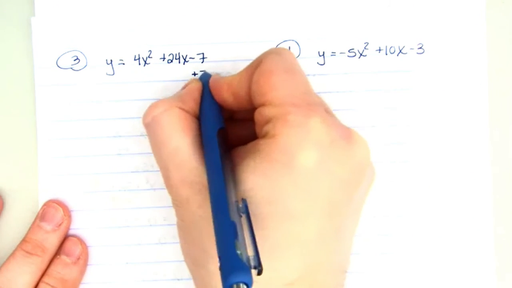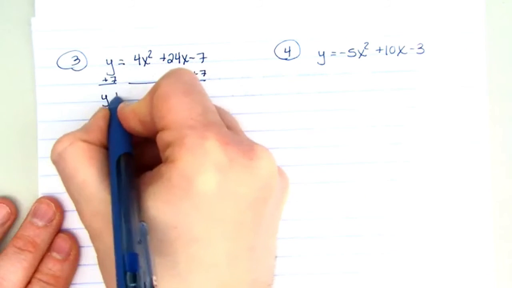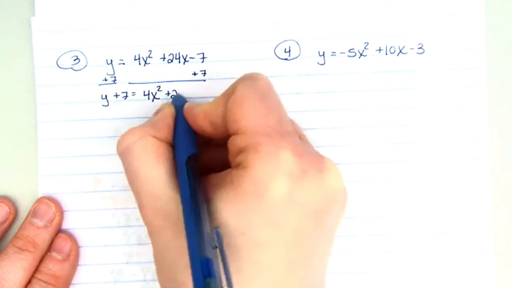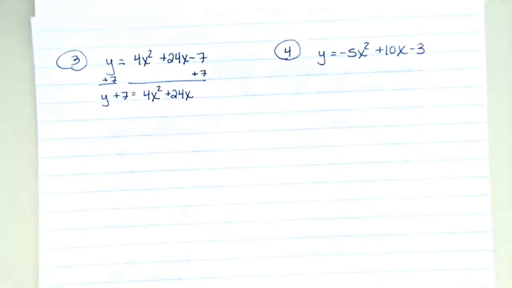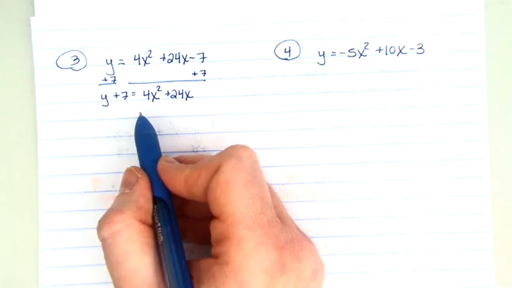Okay, in that first one, I'm going to add 7. Y plus 7 equals 4x squared plus 24x. I need to factor out the a value.